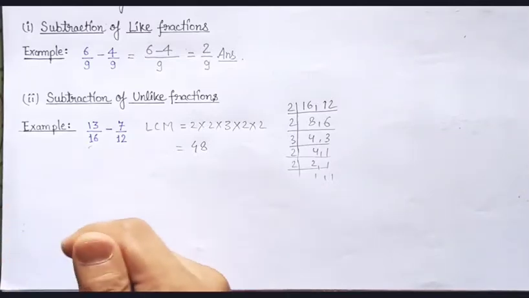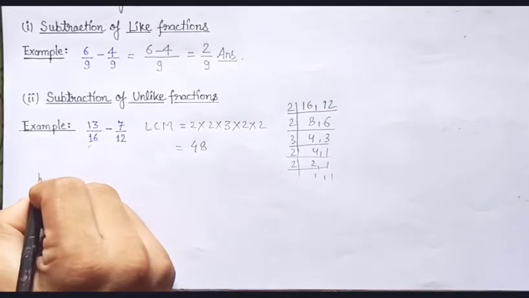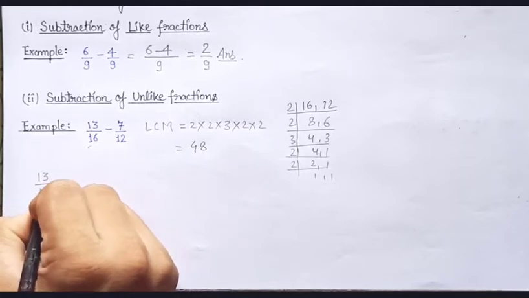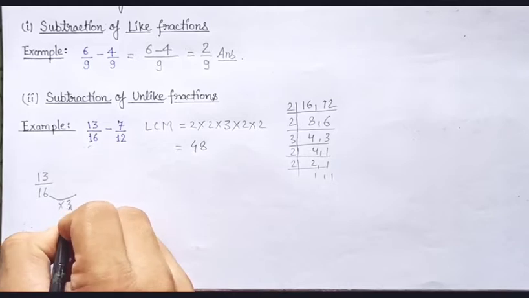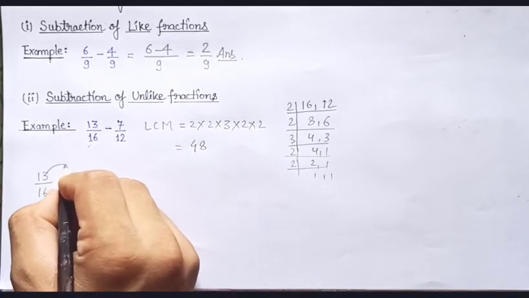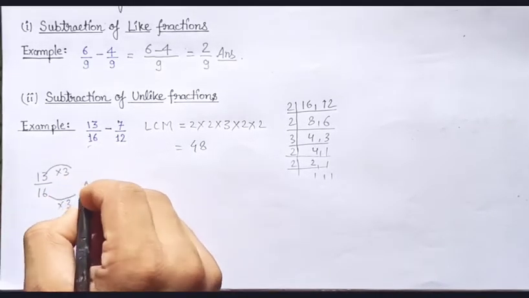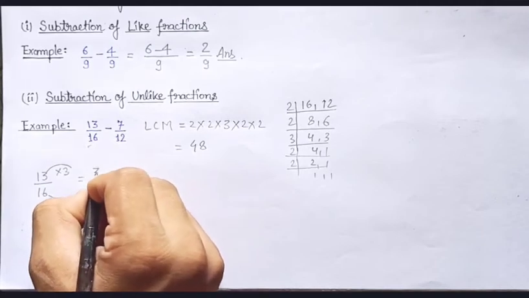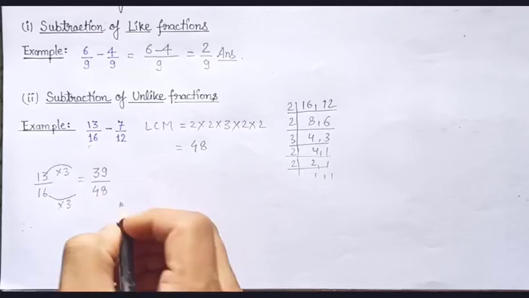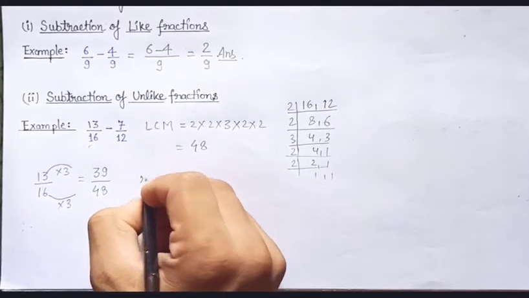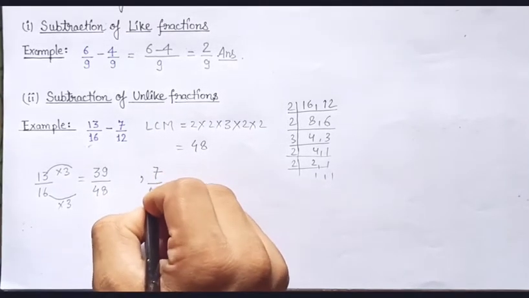Now we have to convert the given fraction 13 by 16 into a like fraction. Now students, you know, when 16 is multiplied by 3, it gives 48. So we have to multiply 13 also by the same number 3. So it gives the result 39 divided by 16 into 3, 48. Next is 7 by 12.